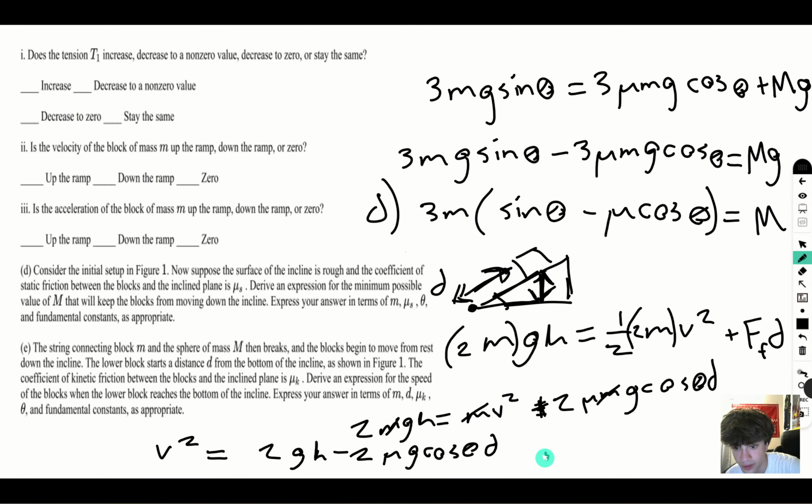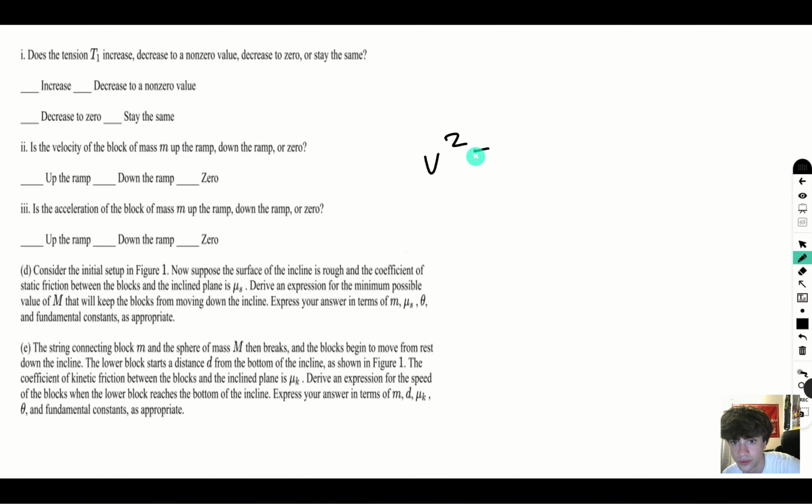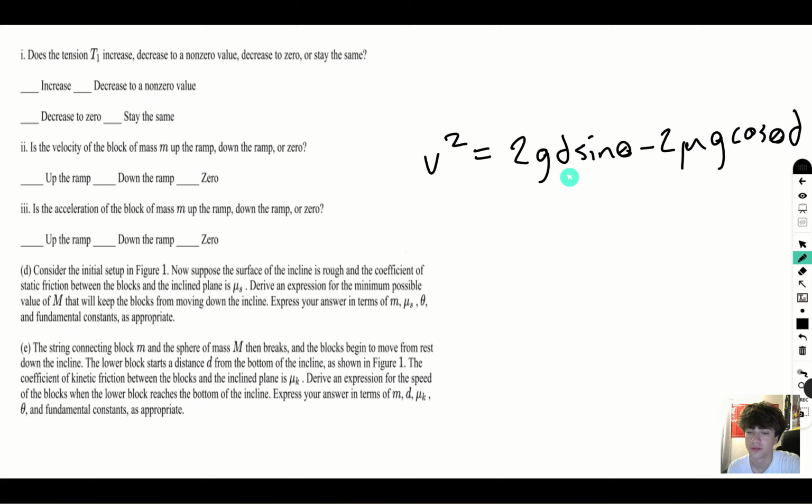So our v squared, let me erase this all real quick. Our v squared will be equal to 2g d sine theta minus 2 mu g cosine theta d.